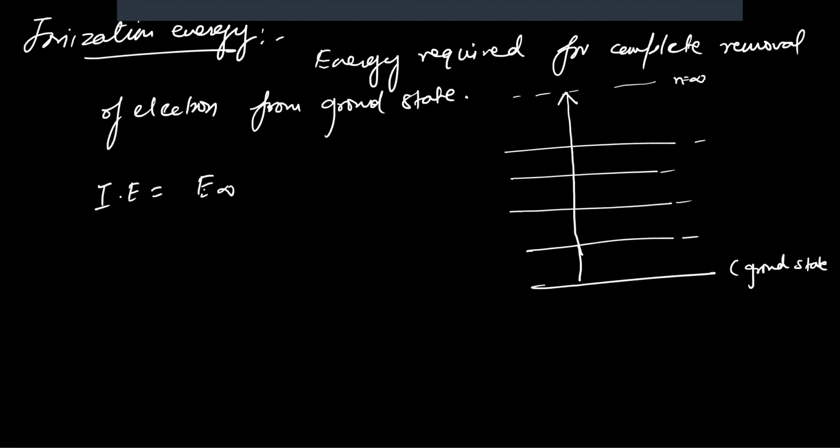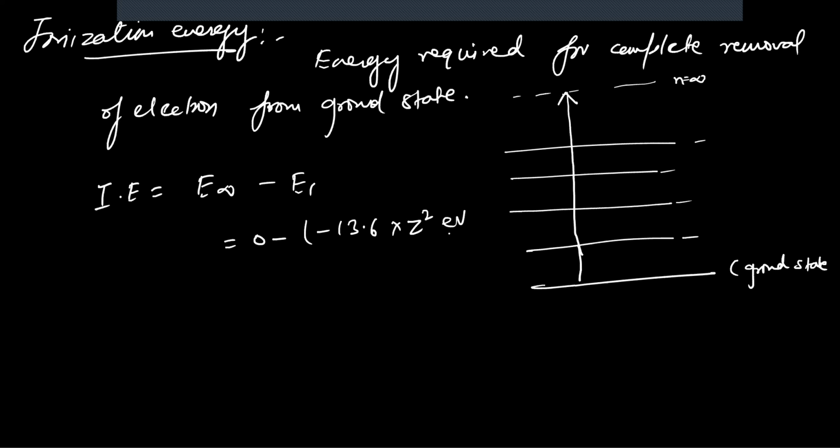So the final energy of the electron is at infinity minus the initial energy of the electron. Got it? That will be equal to 0. You know that at infinity the maximum energy of the electron is 0, minus 13.6 into Z square electron volt. Got it?